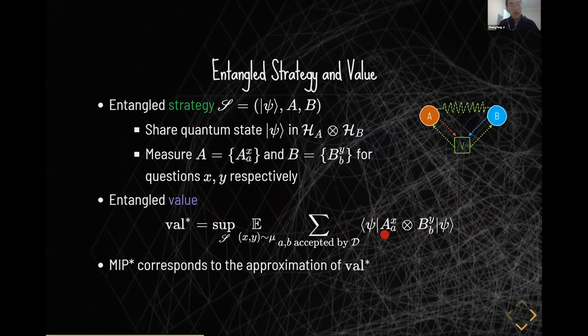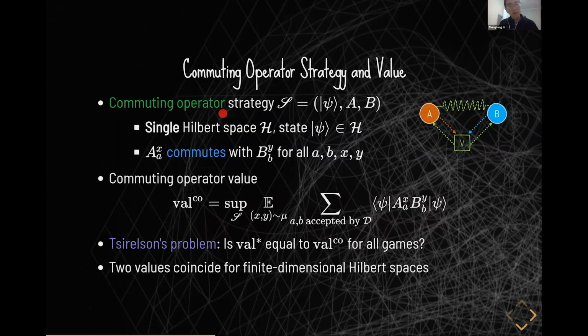Okay, but we'll be interested in another value. That's called the commuting operator value. So you have a single Hilbert space, but now Alice and Bob use commuting operators for all questions and answers. And then we define a commuting operator value.